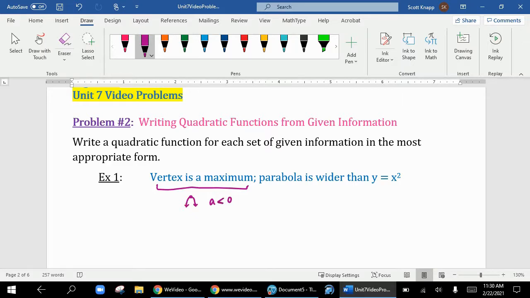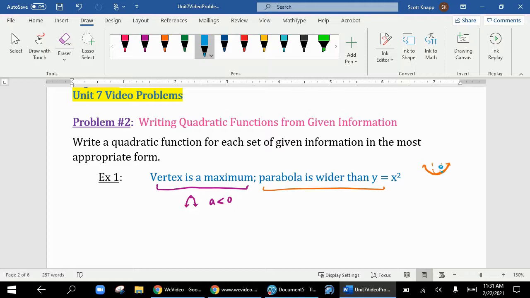So that's one thing. And then a second thing here that we have to consider is that the parabola is wider than y equals x squared. So if we picture y equals x squared and we graph something that's wider than it, notice now wider is not the way we described transformations, but the way this ties back to what we learned in first semester is it would be a vertical shrink, because notice at a given x value, the output would be a little bit smaller if that parabola was going to widen out.